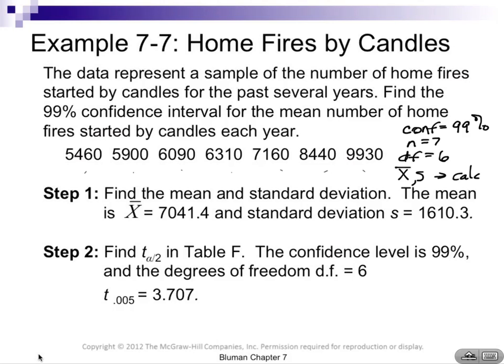So hopefully you know how to do that, and you do it, and we find that your x bar is 7041.4 and s is 1610.3. Reading from the table, finding our degrees of freedom in 6 and 99% confidence, we find our t-score is 3.707.